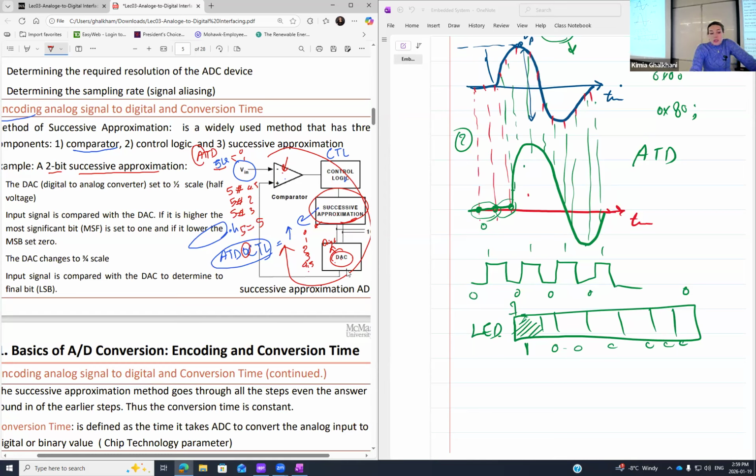As I said, in here is opposite. Initially, I have 5. Then 5 goes through the comparator and the successive control. At the end of successive, it's not 5 anymore. It's binary. And that binary is first converted again to analog to see, am I close enough to that 5?